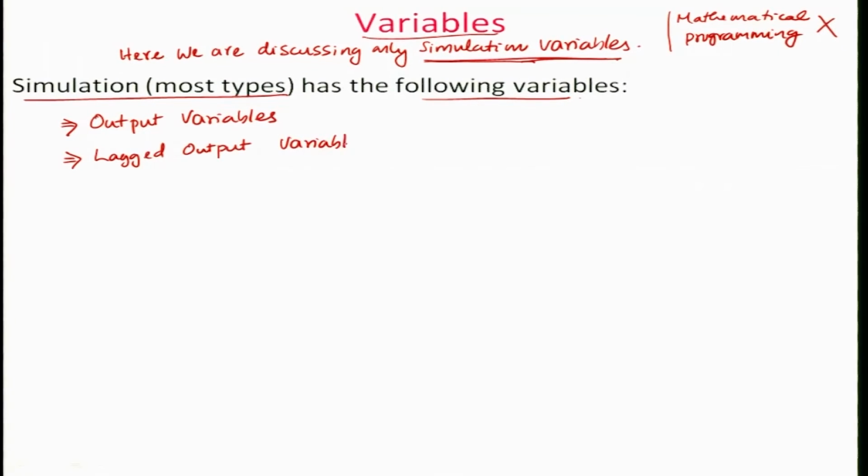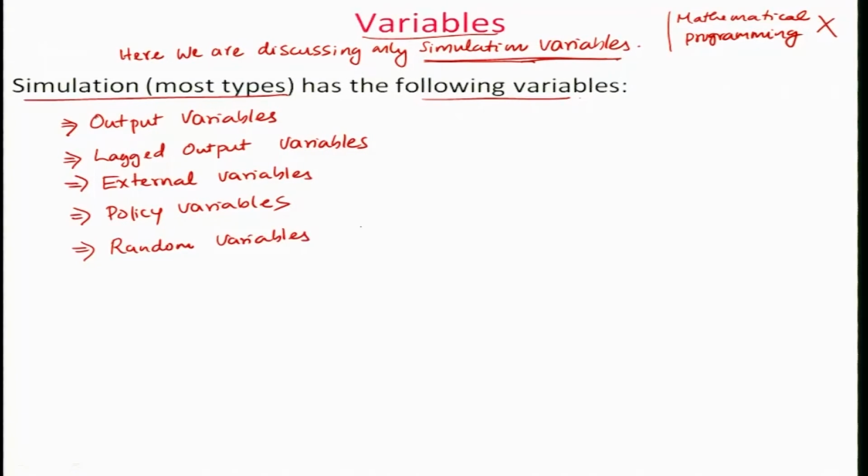I will explain what the lagged output variables are, and they are also important in the case of simulation. Then what we have is called the external variables. Then after that, what we have is the policy variables. I will also explain what a policy variable is all about. Then we have random variables.